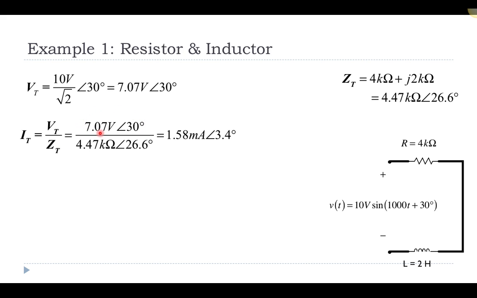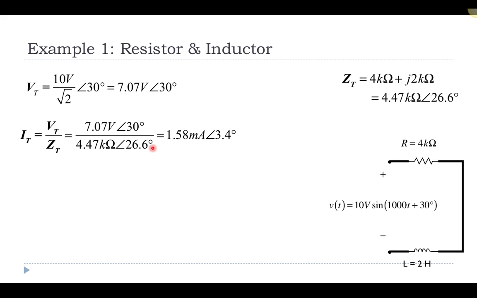Using my phasor notation, I can write this as the voltage 7.07 with an angle of 30 over the impedance 4.47 kiloohms, phase angle of 26.6. I can divide 7.07 over 4.47 and I get 1.58 milliamps. Then I can take the angles and figure out the angle when I divide.